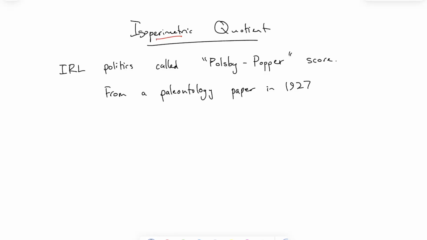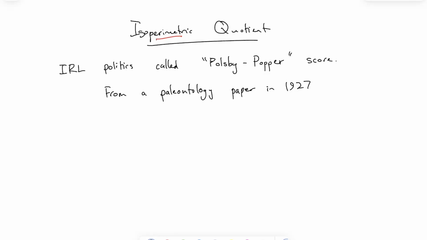Paleontologists care a lot about the shapes of sand grains when they're digging up the bones or something. There was some research about how certain types of sand grains have weird shapes and other types of sand have normal shapes, and they came up with this basic idea which we use now in many other settings. This is one of those things that was invented and reinvented by several people throughout history. Polsby and Popper were one of them.